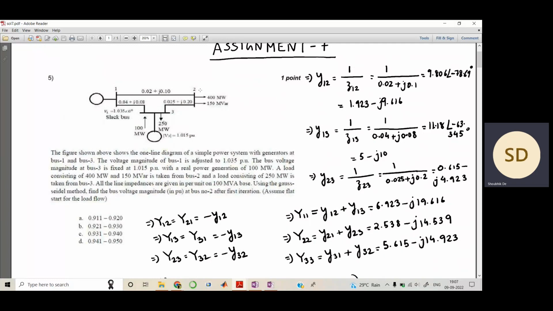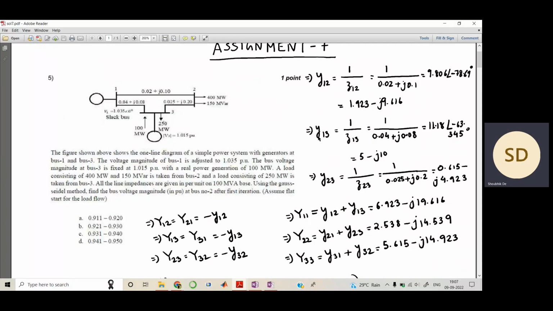So y12, that is between bus 1 and 2, is 1 by z12, which is 1 by (0.02 + j0.1), and it comes out to be 9.806 at an angle of minus 78.69 degrees. When I convert this into a complex number, it comes out to be this value.